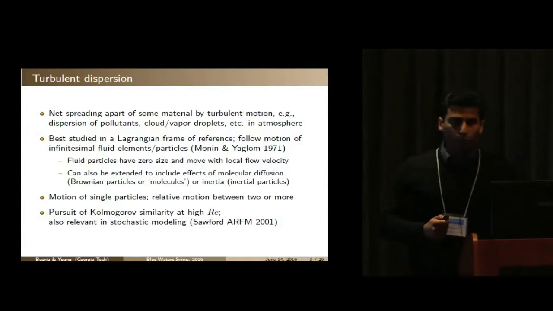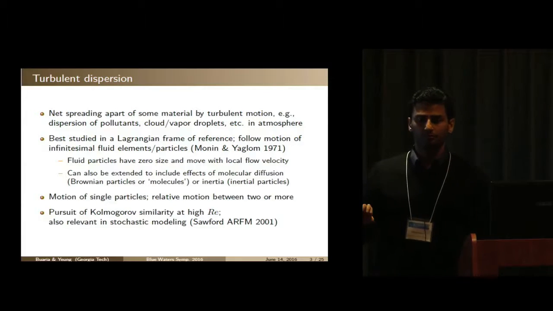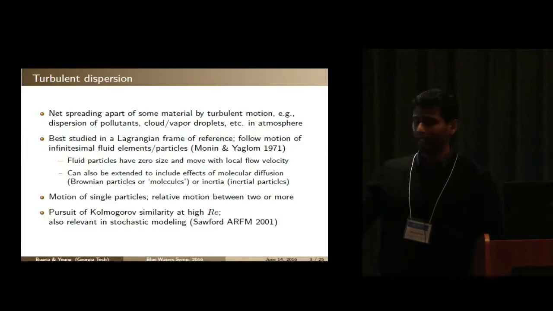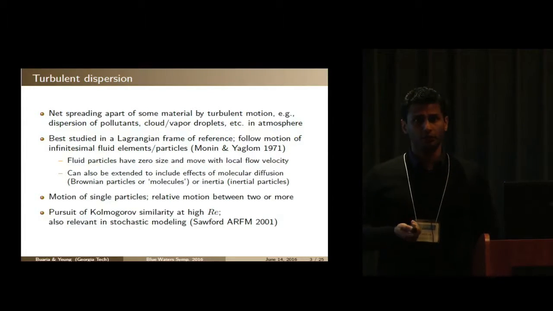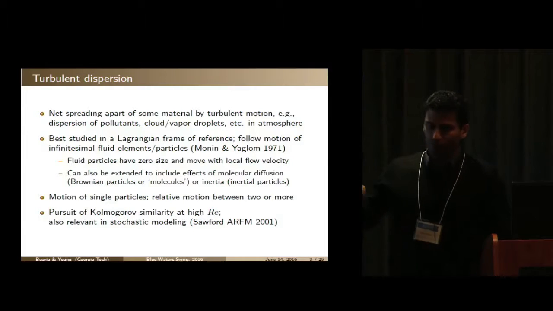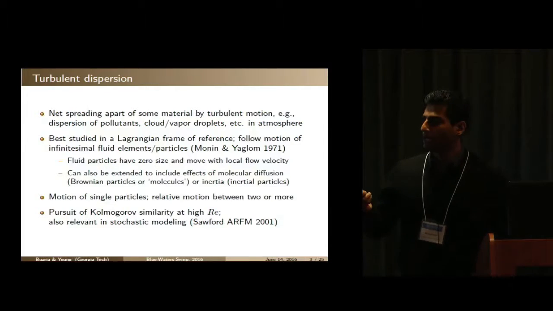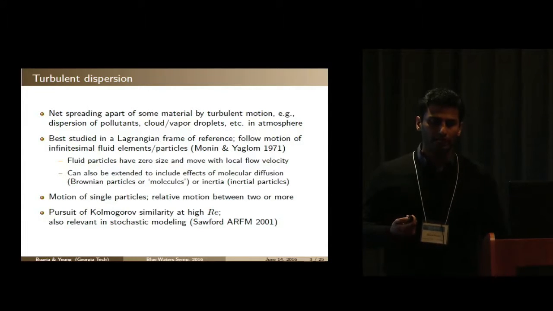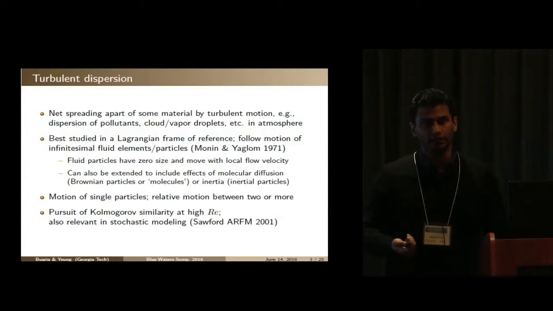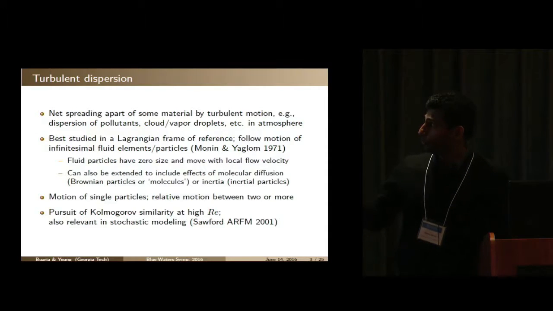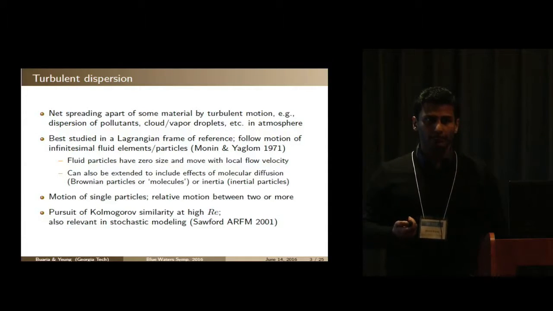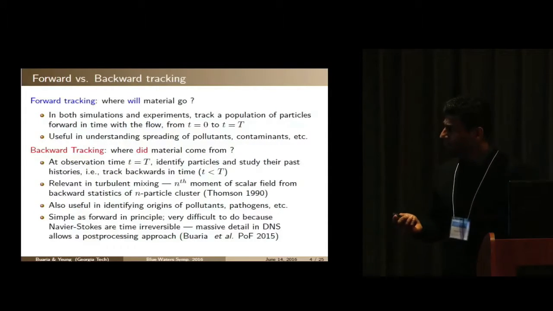One of the key motivations behind doing DNS is obviously to understand the universality coming from Kolmogorov's hypothesis at high Reynolds number. Of course we cannot apply DNS to most of the practical flows that we encounter, so a lot of data produced by DNS goes into developing good models which are applicable to more practical flows.